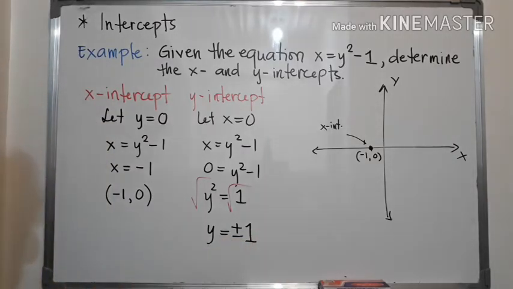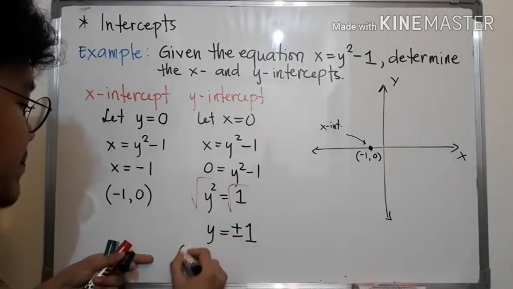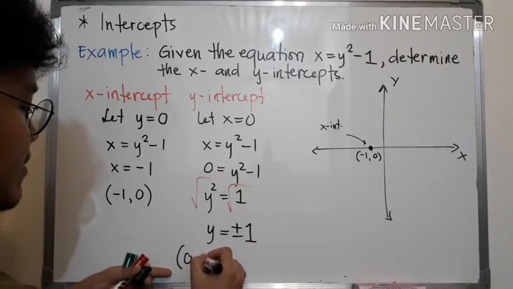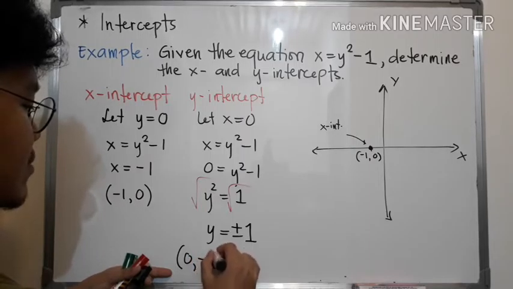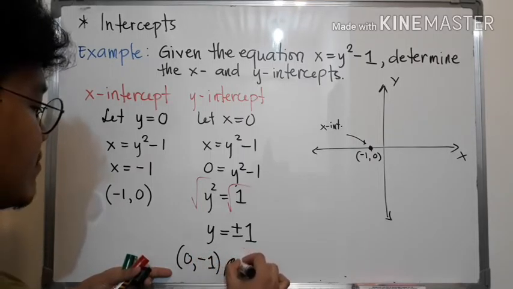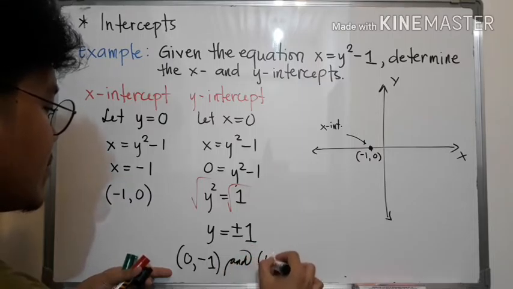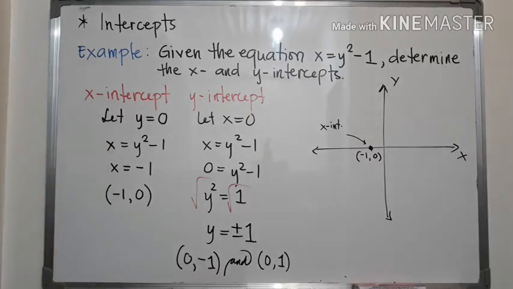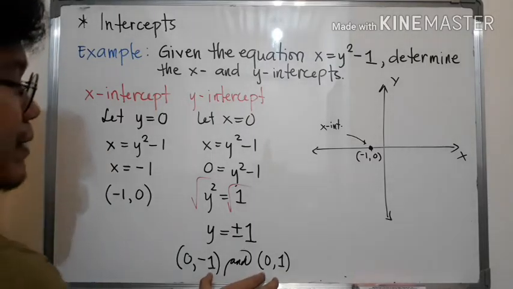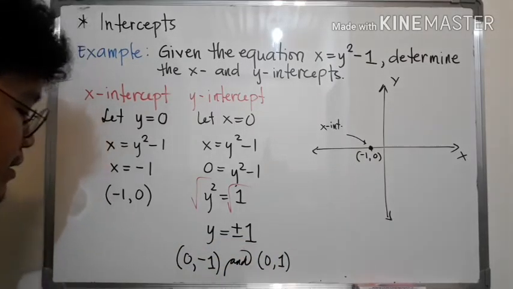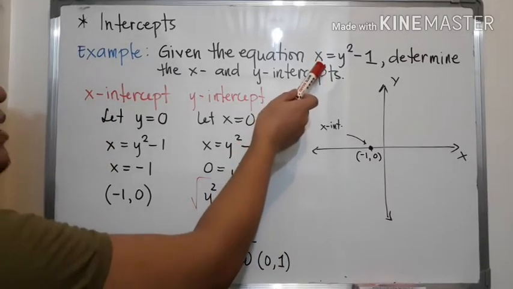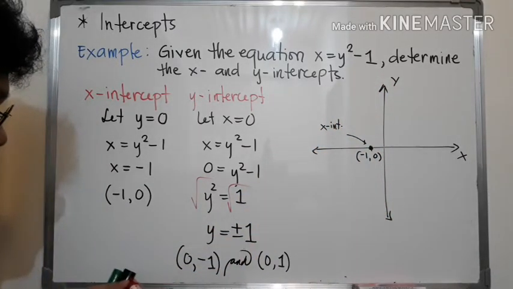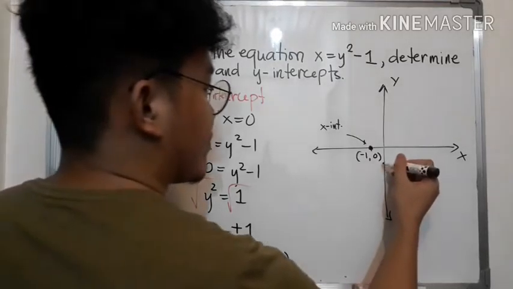Therefore, the y-intercepts are the points (0, -1) and (0, +1), or (0, 1). So if we plot this on the Cartesian plane, the graph of this equation intersects the y-axis at the point (0, -1).